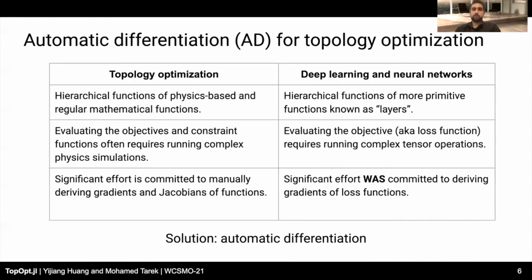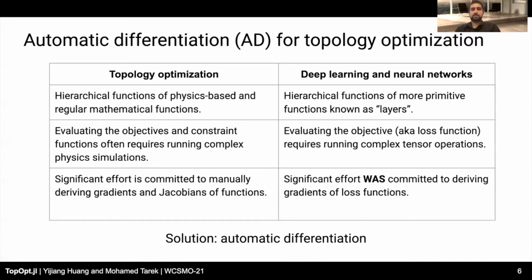And so there's also a lot of similarity here. And many years ago, a lot of effort was actually committed to deriving gradients manually of loss functions in machine learning. But nowadays, most people use automatic differentiation, whereas in topology optimization, unfortunately, we still have to manually derive gradients and Jacobians of functions.